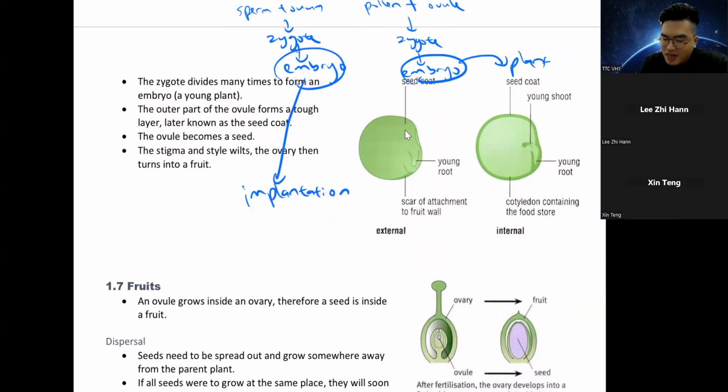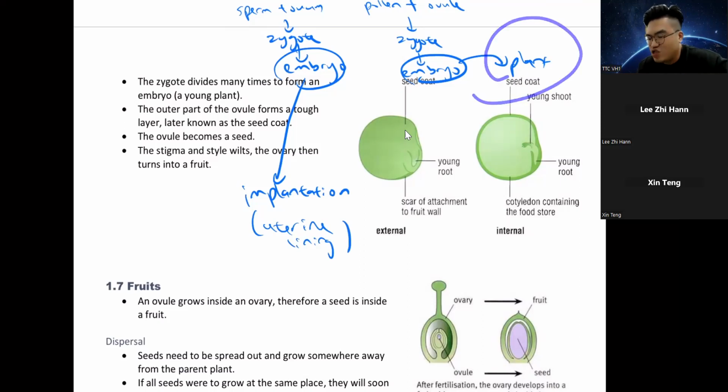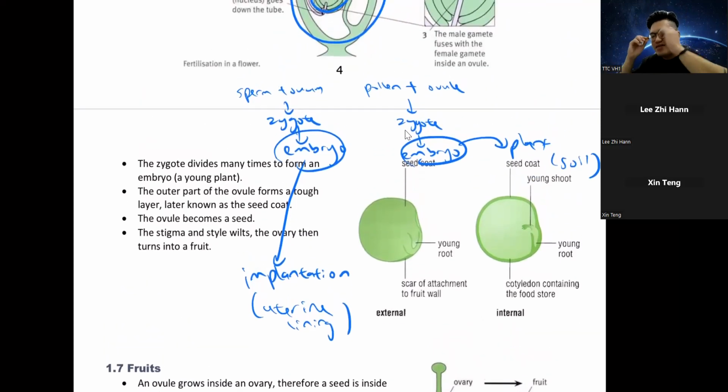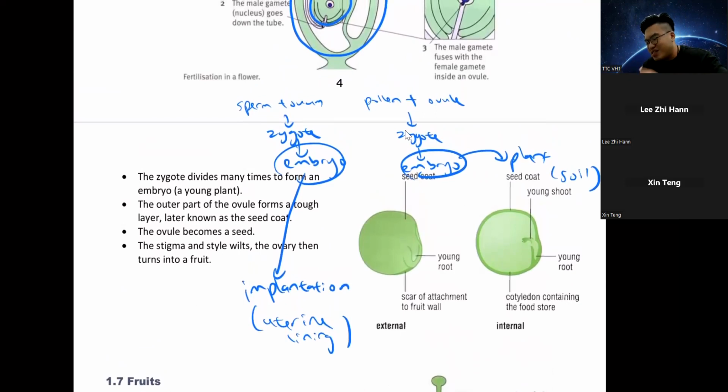The difference is implantation happens in the uterus or the uterine lining. Okay, and in the uterine lining, that means the blood girls have period every month, right? That's where the seed will grow if she's pregnant. Whereas plant, they do it in the soil. So can you see it's a little bit different, but it's mostly the same.